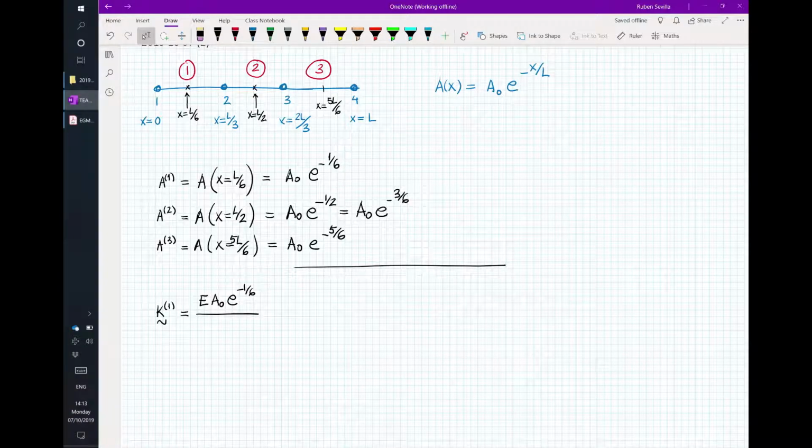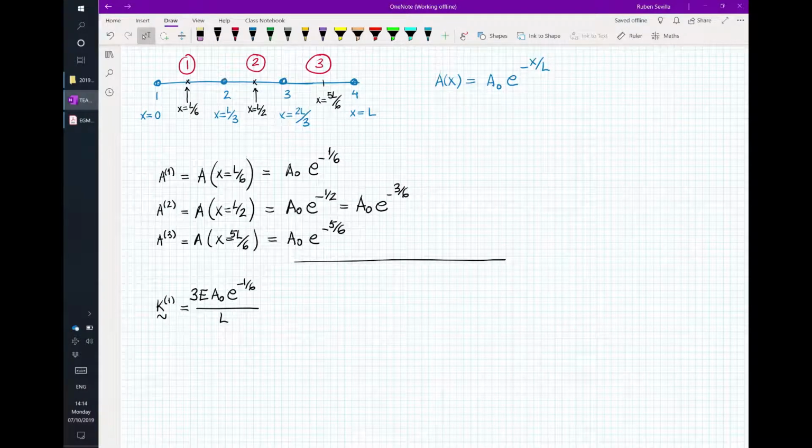L divided by 3. Okay? So I put the 3 on top and the L down. And then the matrix 1, minus 1, minus 1, 1. Clear? Makes sense?